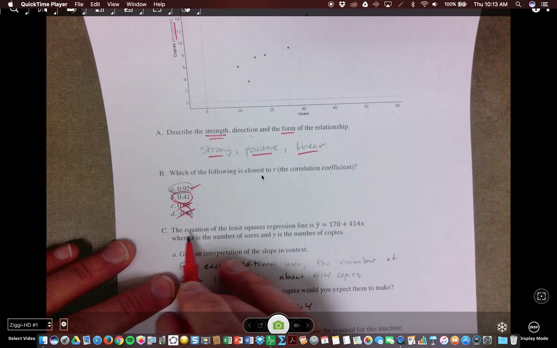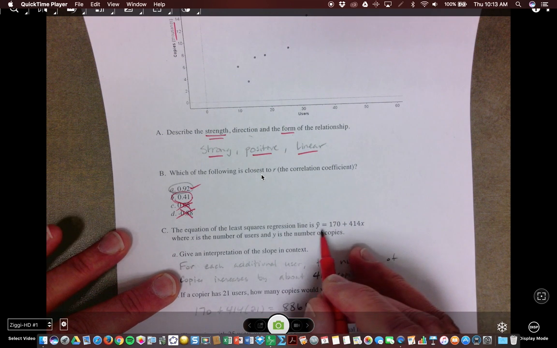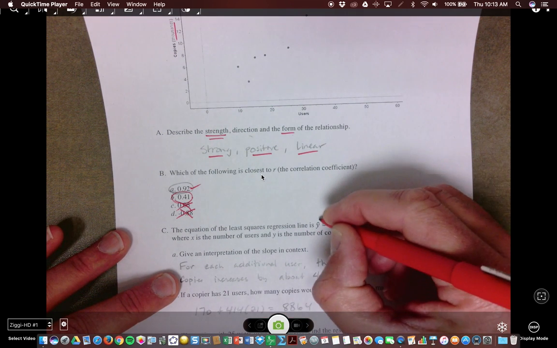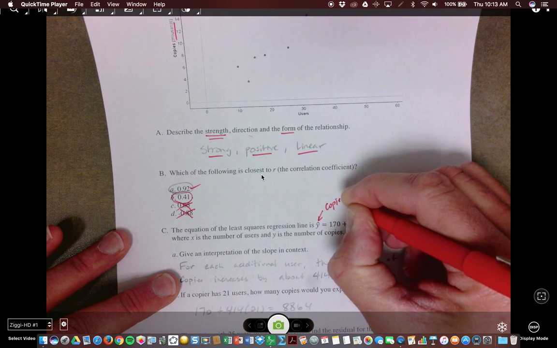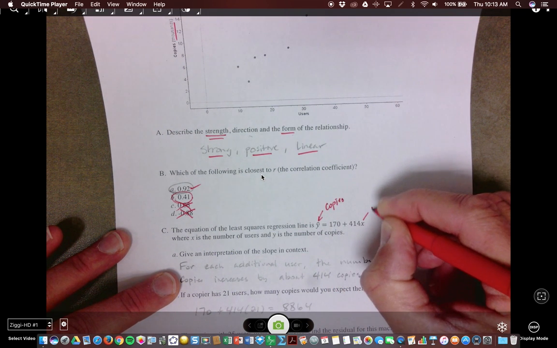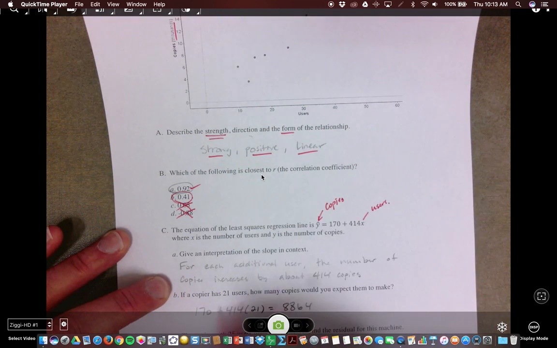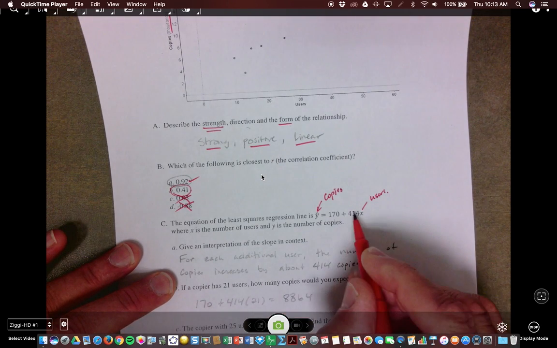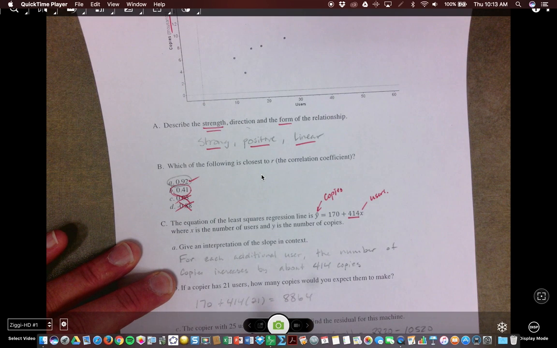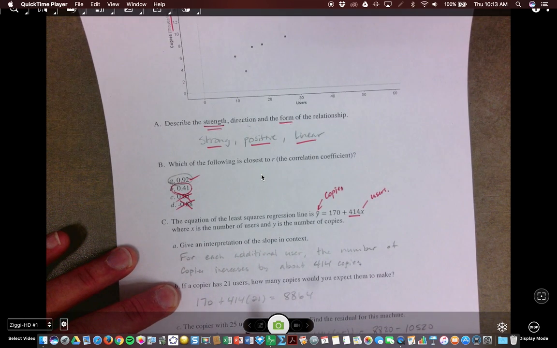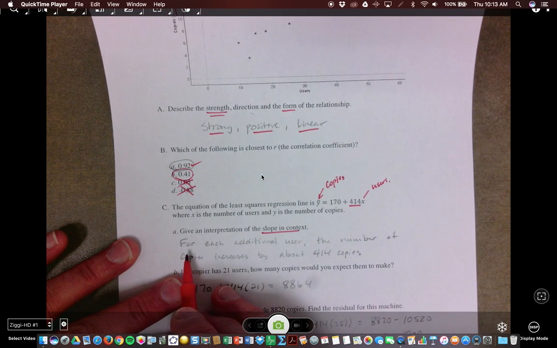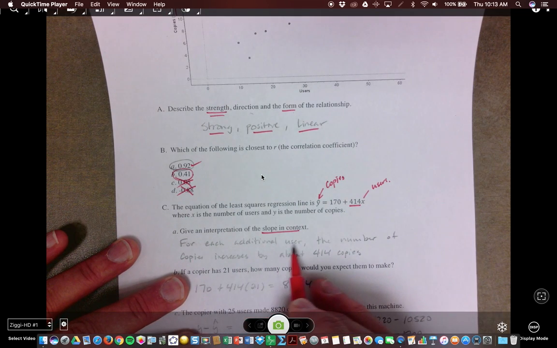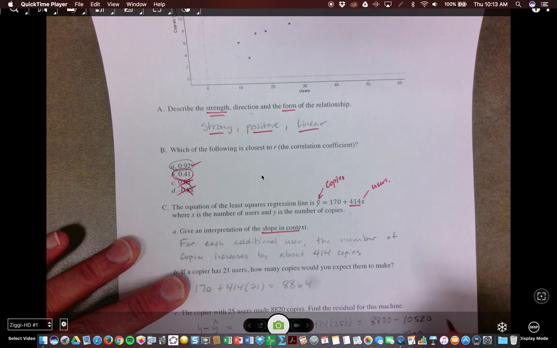I've also given you the equation of the least squares regression line. Keep in mind that y is the number of copies, and x is the number of users. The interpretation of the slope, 414, is a rate of change. For each additional user, the number of copies increases by about 414 copies per month.